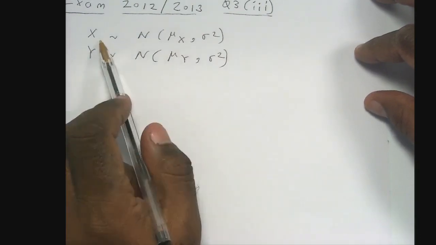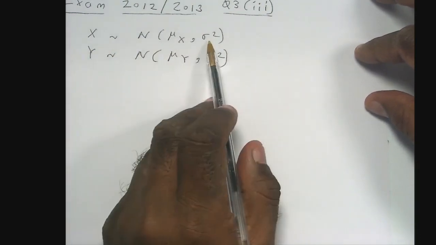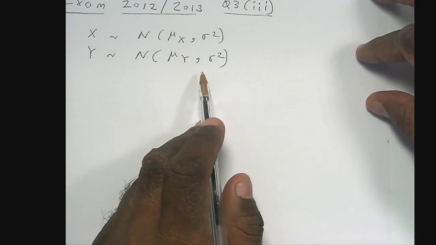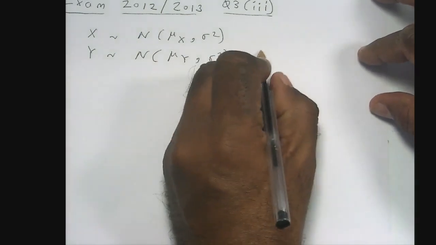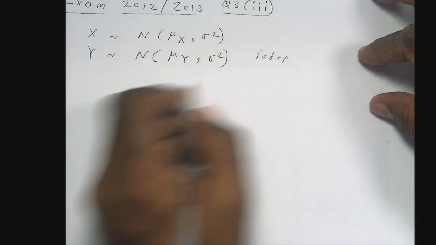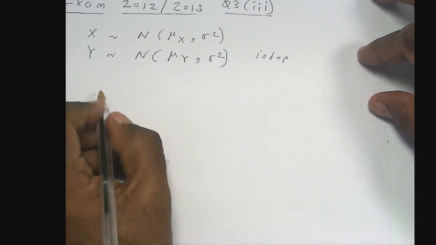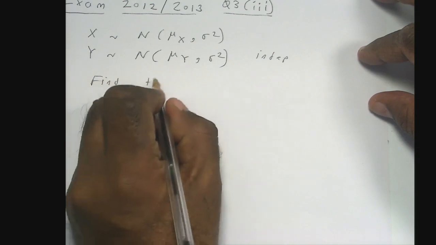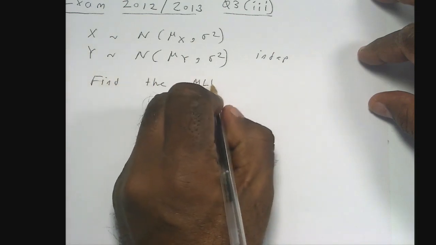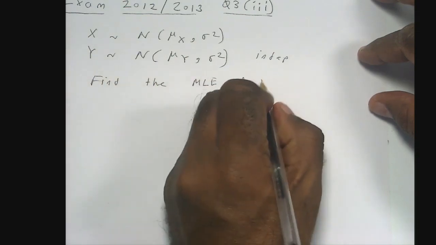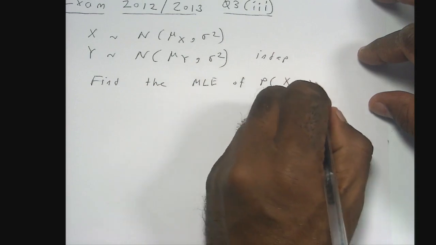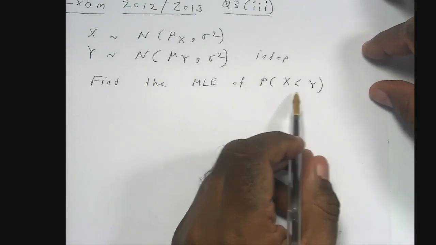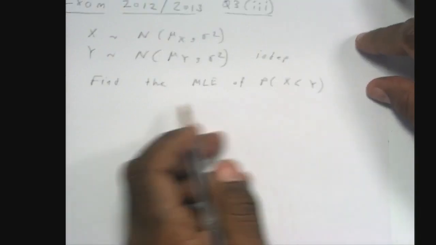So x has the normal distribution, y also has the normal distribution with different parameters, and they are of course independent of each other. Now in part 3 of this question you are asked to find the, correct me if I'm wrong, but I think the question is to find the MLE of the probability x greater than y, or x less than y, doesn't matter.